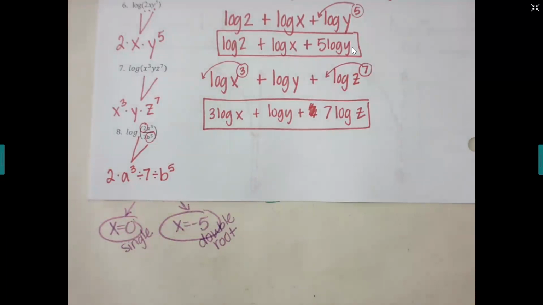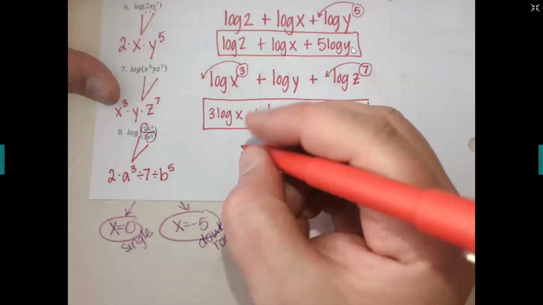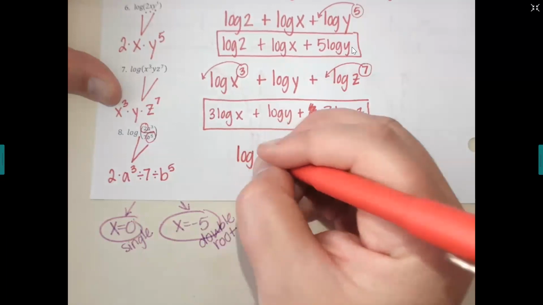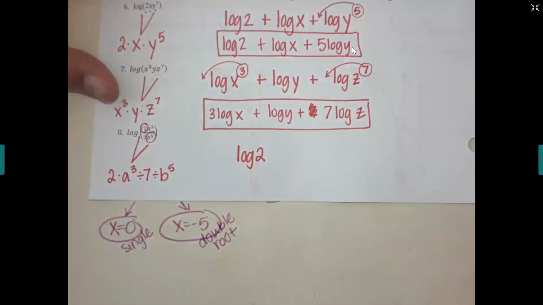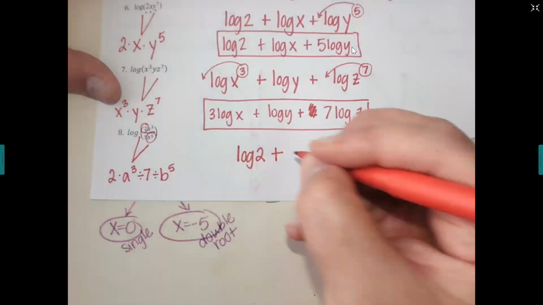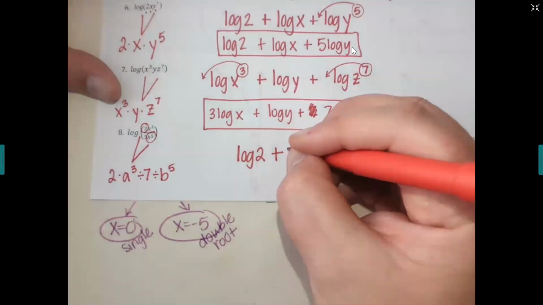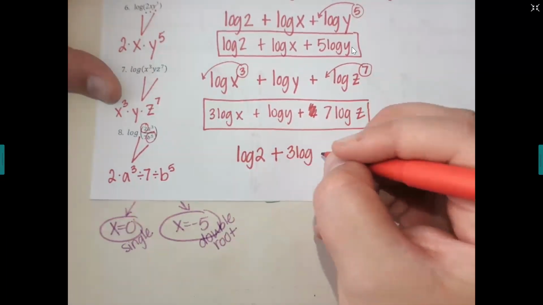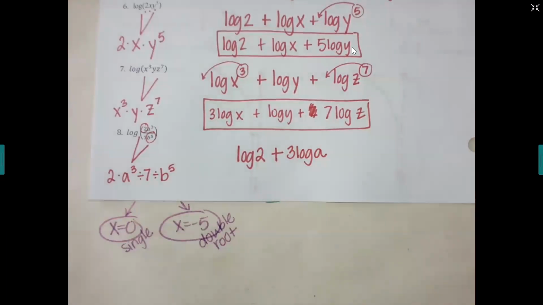Okay, so we're going to have 4 logs. Let's see if we can write the answer in just one step. So what would I write first? Log 2. Okay, log 2 plus 3 in the front, log A. And why is the 3 in the front? Because it was an exponent and it just drops down to the front.